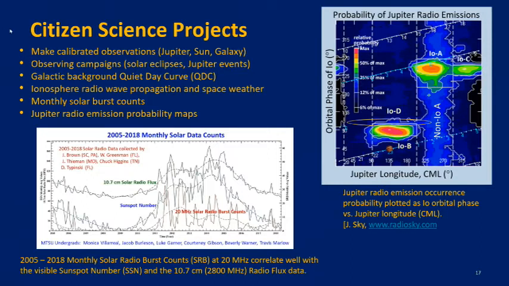And I'm hoping that we might learn something new using the solar radio burst counts. It might lead us to something new about how the sun behaves magnetically over solar cycle timescales.